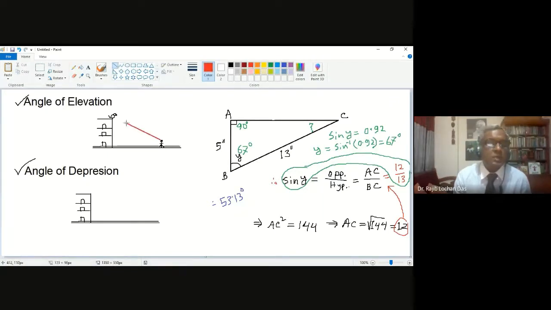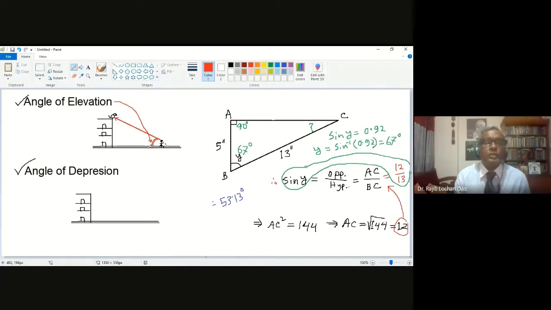Say the person is seeing the bird from bottom to up, so the direction is going upward. That will be called angle of elevation. Which angle? The angle is this one. This angle will be the angle of elevation.